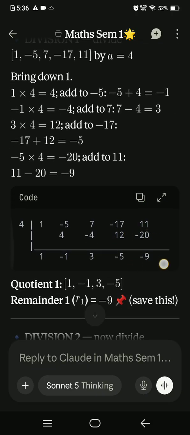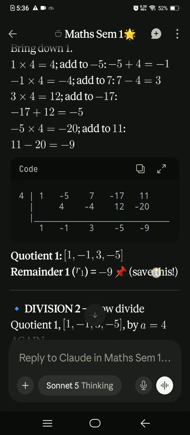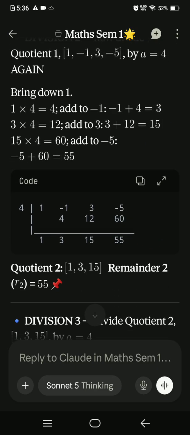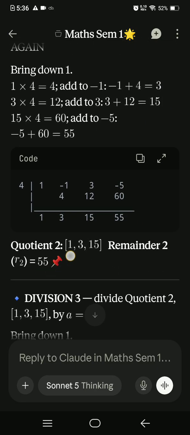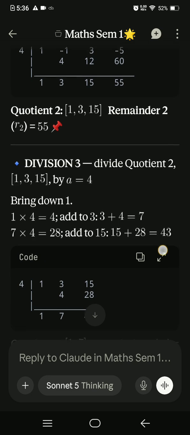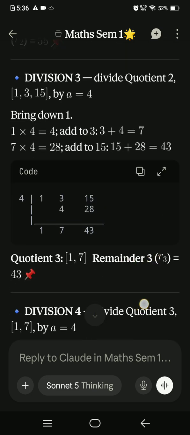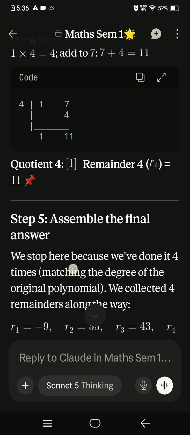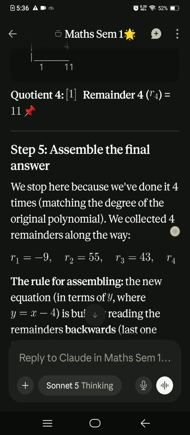We get minus 9 as the remainder, and this as the first coefficient. Similarly, doing this 4 times, remainder and coefficient, as you see on the fourth. We stop here because we have done it 4 times, matching the degree of the original polynomial. We collected 4 remainders along the way.